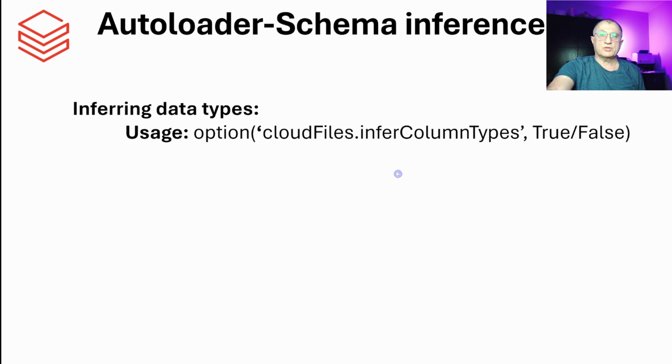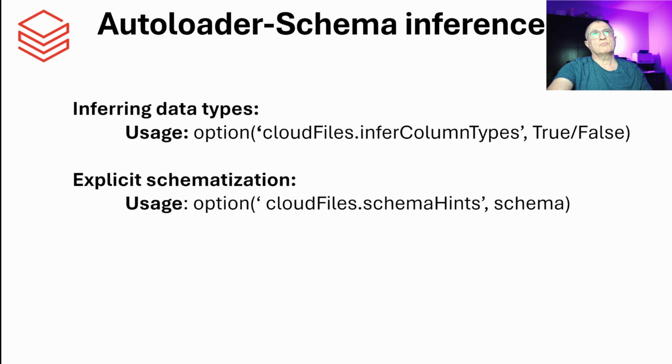To turn this option on, you can set the cloudFiles.inferColumnTypes setting to true. There is another schema management option with Autoloader, which allows you to specify the exact schema that's expected. To do that, you can use cloudFiles.schemaHints and specify a string which will include column types.